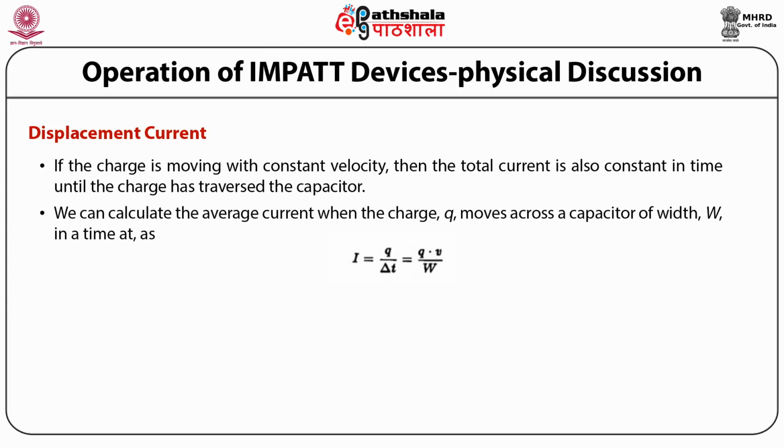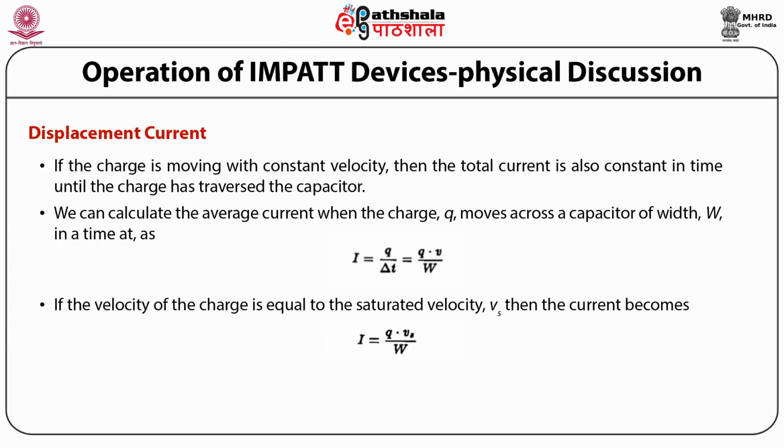So we can now calculate the average current when the charge Q moves through the capacitor of width W in a time delta t, which is given by I equal to Q by delta t equal to Q multiplied by v divided by W. So if the velocity of the charge is equal to the saturated velocity Vs, then the current becomes I equal to Q Vs by W.